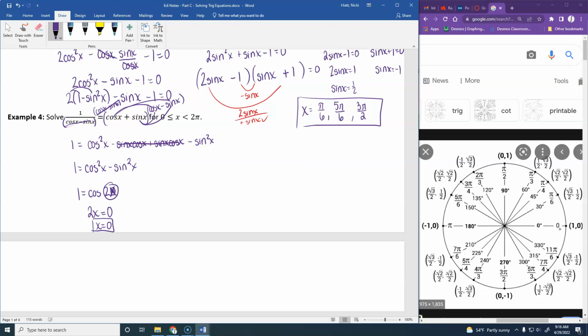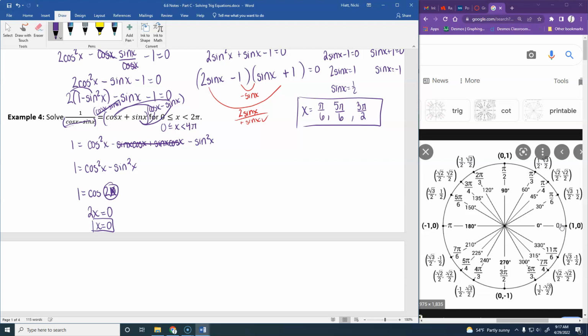But remember I said if you're dividing by 2 for that last step, you need to double the area you're looking at. So we don't need to just look at 0 to 2 pi. We need to look 0 to 4 pi. 4 pi would be like going around the circle 2 whole times. Where else would cosine equal 1?